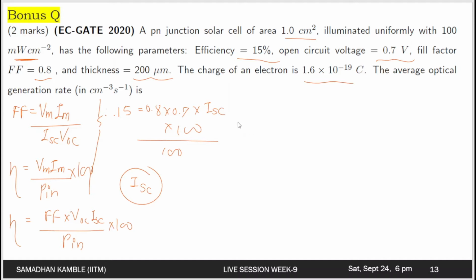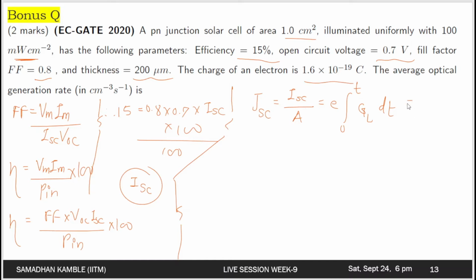Now also we know that the optical generation rate can be calculated from the short circuit current density, which is the short circuit current per unit area, where T is the thickness and GL is the average optical generation rate.